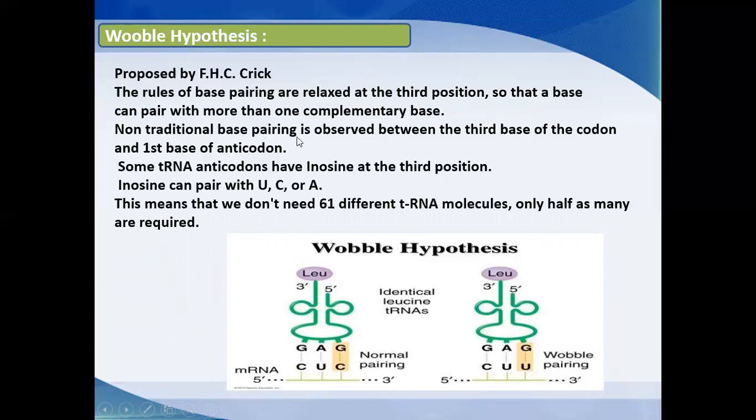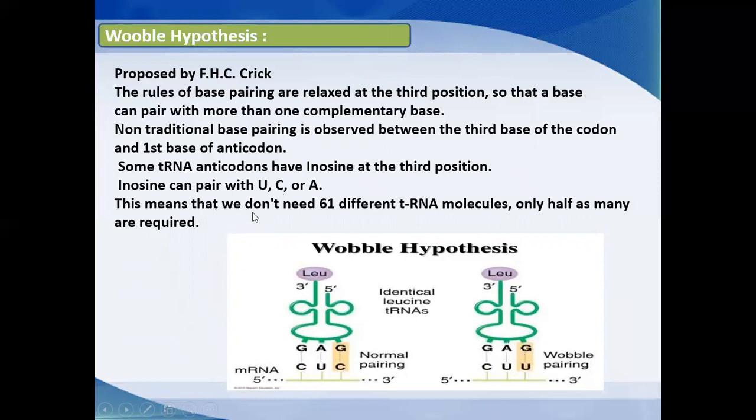So non-traditional base pairing is observed between the third base of the codon and the first base of the anticodon. This is very important: the third base of the codon and the first base of the anticodon. Here G can bind with C, and the same nitrogen base G can pair with U also. So this third base and the first base of the tRNA anticodon lead to the wobble hypothesis.